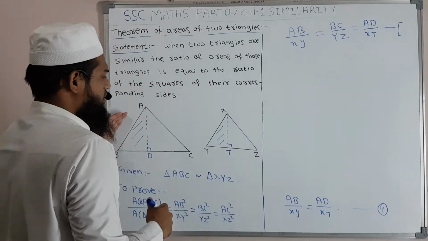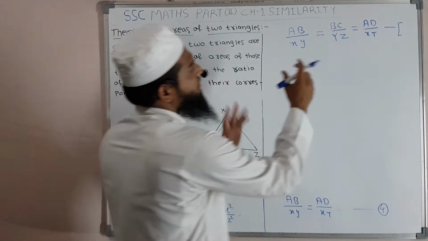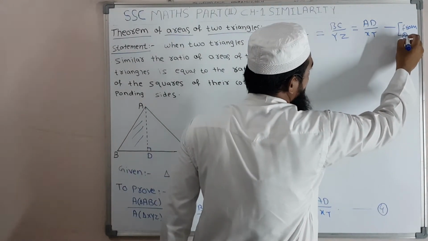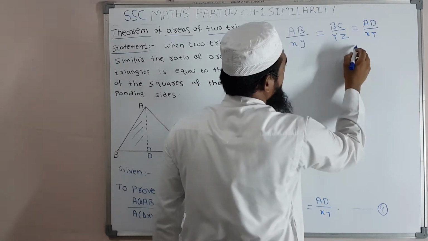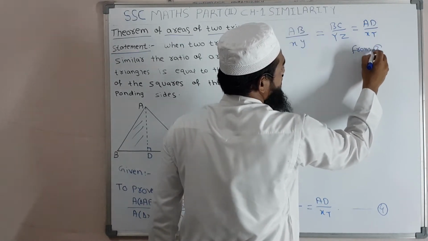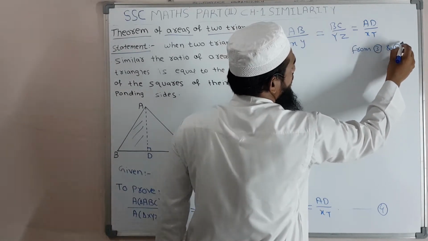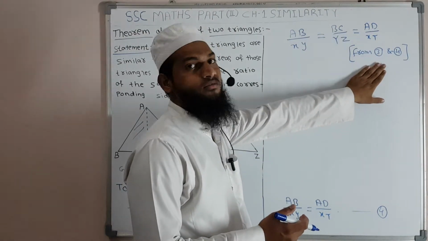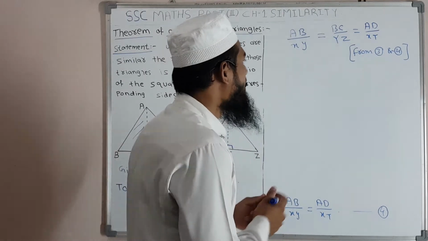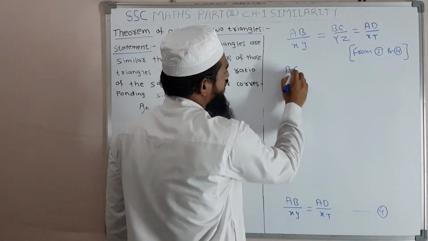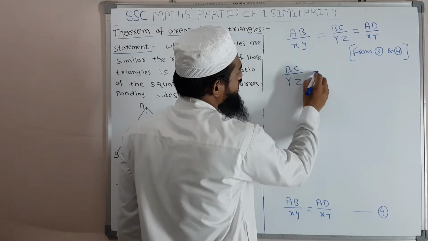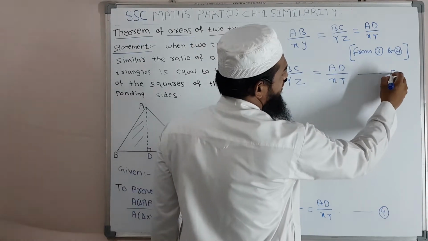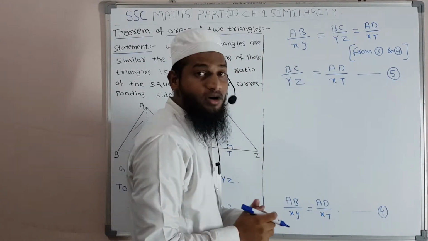So from equation number 3 and equation number 4, in these two triangles, BC upon YZ is equal to AD upon XT. This is equation number 5.